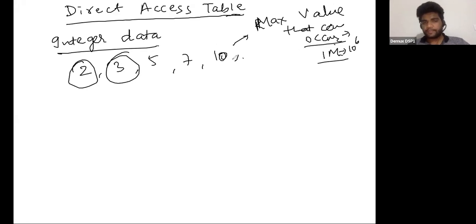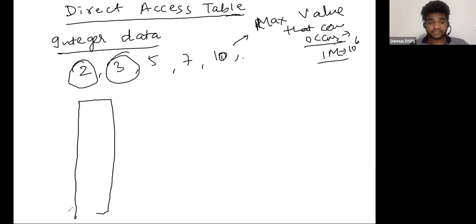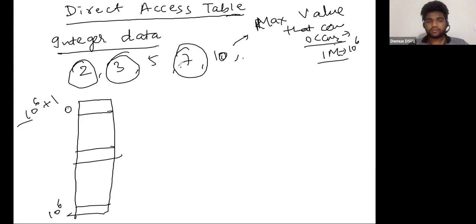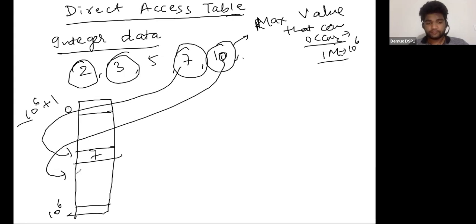So now, if you know that, then one very simple way you could design a data structure is that you can have an array of size 10 to the power 6, or 10 to the power 6 plus 1 if you are doing zero indexing. And then when you get a data item, you go to that corresponding index and store it there. So 10 you will store at index 10. 7 you will store at index 7.